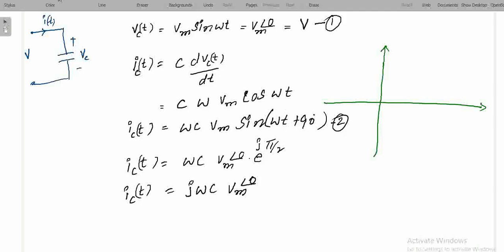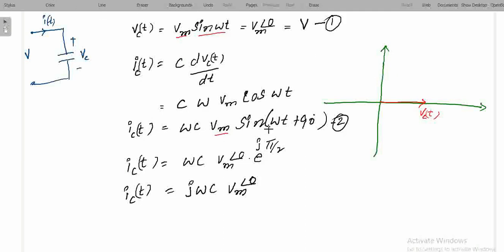For the capacitor, always the current leads the voltage. If I consider this as your VC of t, for VC of t we have Vm sin omega t, but in the place of Vm we have Vm multiplied with some extra term, that is omega C. So automatically the IC of t magnitude increases.